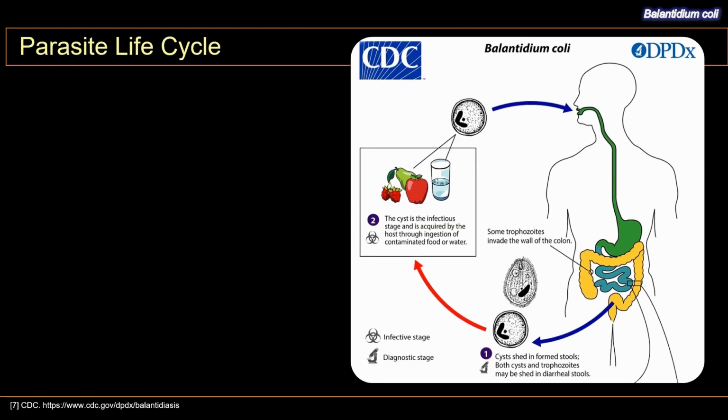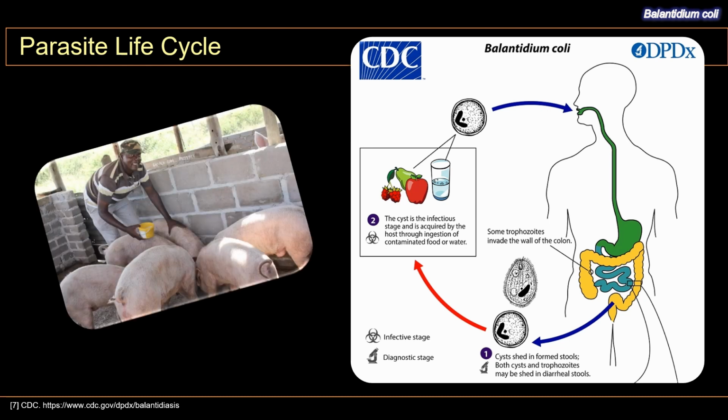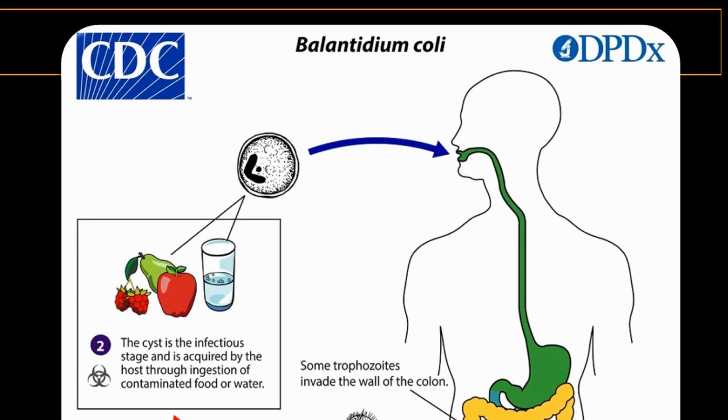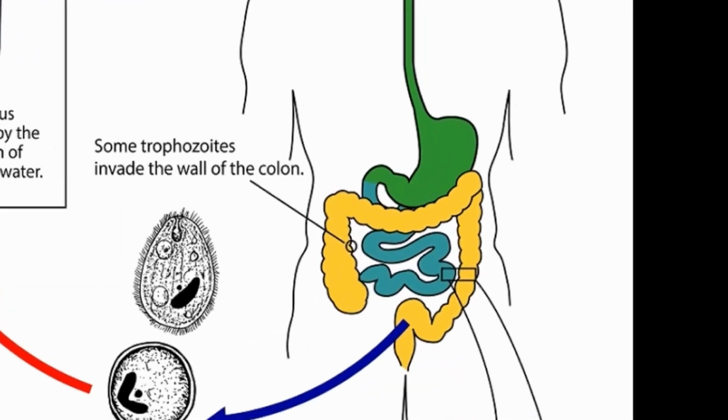The main reservoir host for Balantidium are pigs. Therefore, a lot of cases are seen among pig farmers or those who handle raw pork products. Aside from pigs, other possible reservoir hosts are rodents and non-human primates. Infection starts when humans or the other reservoir hosts ingest food or water contaminated with Balantidium cysts, and following ingestion, excystation occurs in the small intestine.